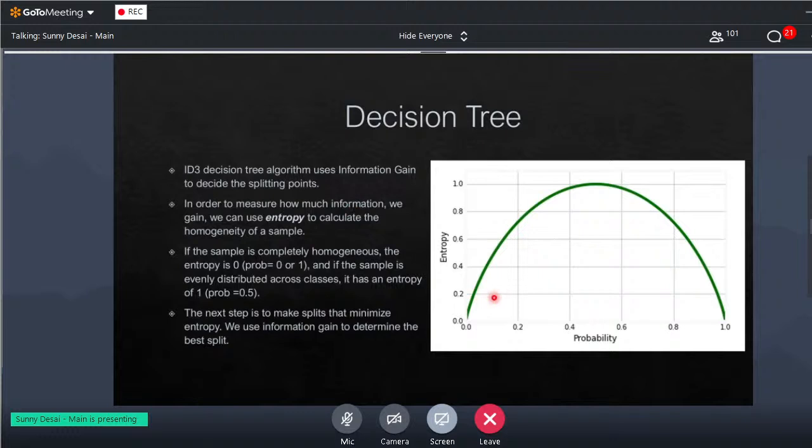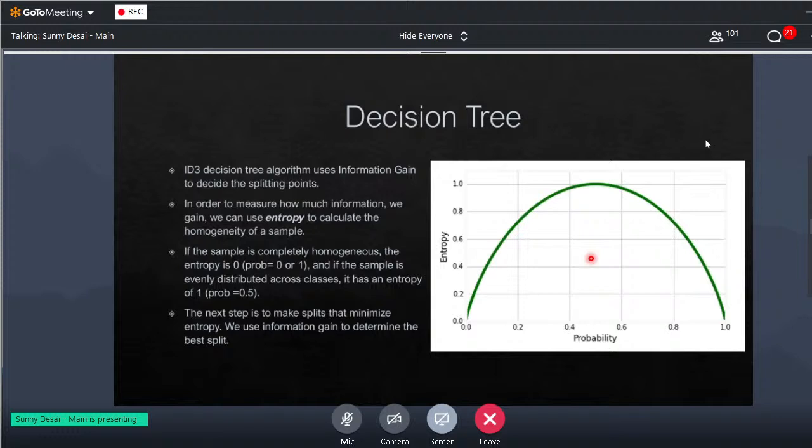So in this algorithm, what happens is, if you look at your screen, there is a graph. Now, what does this graph help you understand? If you see, the probability ranges from 0 to 1. And yesterday we studied that if the probability of the event is 50-50, 50% yes, 50% no, or 50% buying the car, 50% not buying the car, 50% having a disease, 50% not having a disease, 50% sunny, 50% overcast, then that is the place where there is the highest entropy in the system.